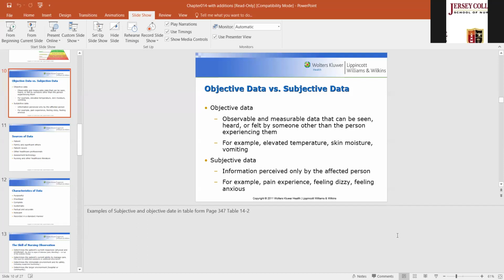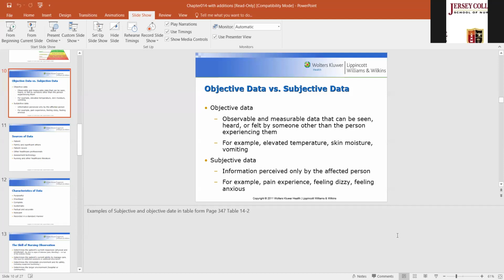All right, so objective and subjective data. Objective is anything that we can observe, we can measure, we can see, hear, or feel. Not the person experiencing it, us. We as the observer can feel this, see it, hear it. If the person that's experiencing it is the only one that can perceive it or feel it, then it's subjective.